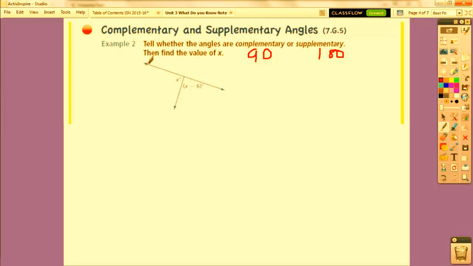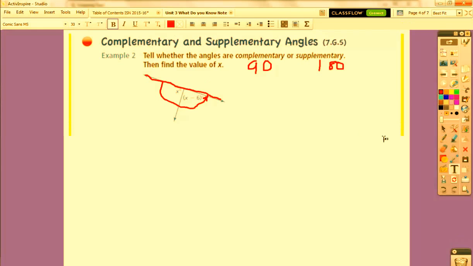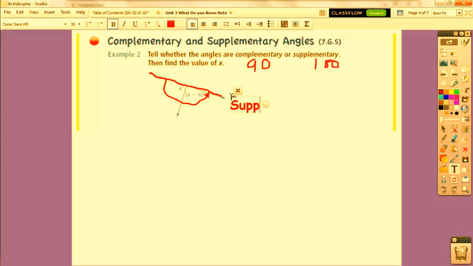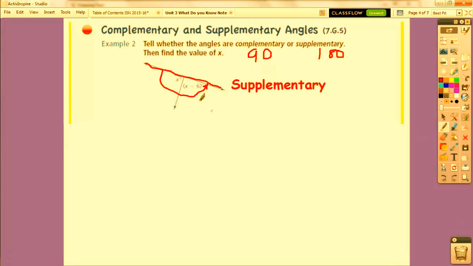Okay, for these two angles, they form one line I can see right here. So right away, my clue is that this is 180 degrees. So therefore they are supplementary. And now I need to solve for the value of x. If I look at my two angles, one angle is called x, and the other angle is x minus 6.